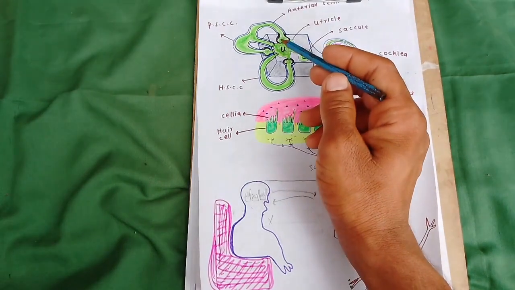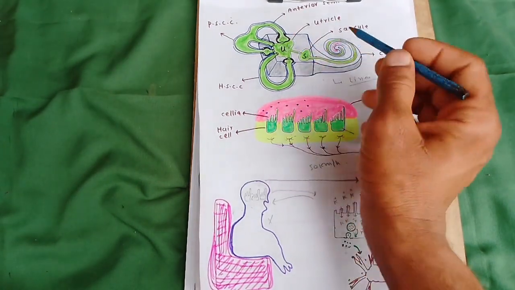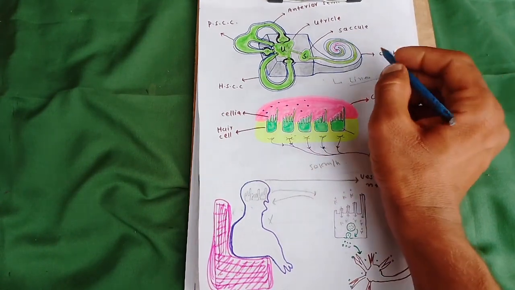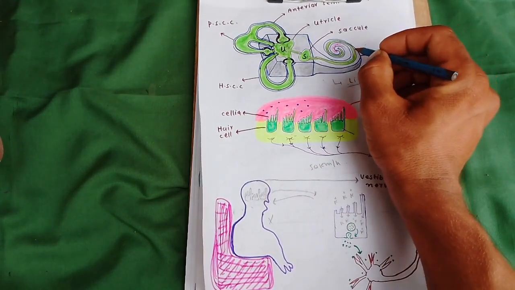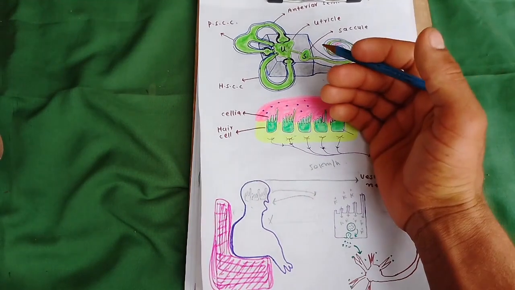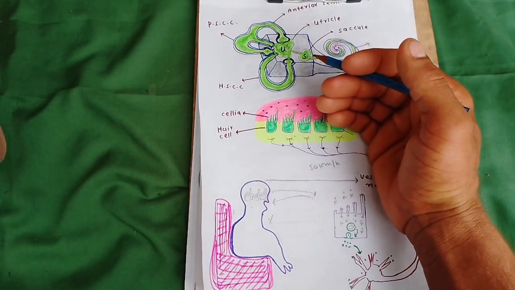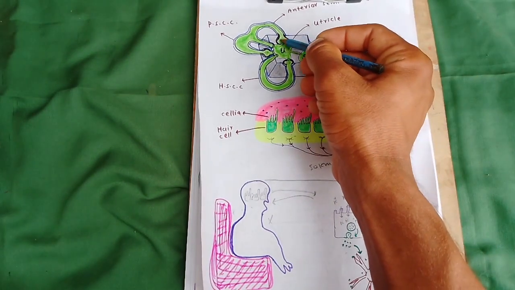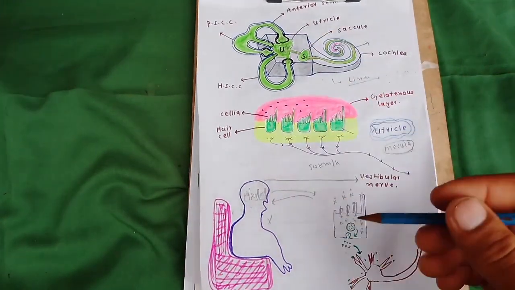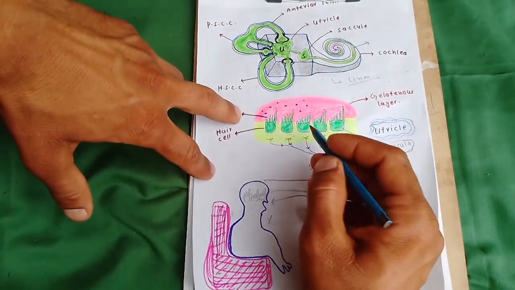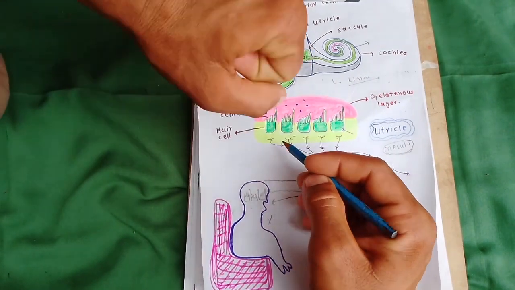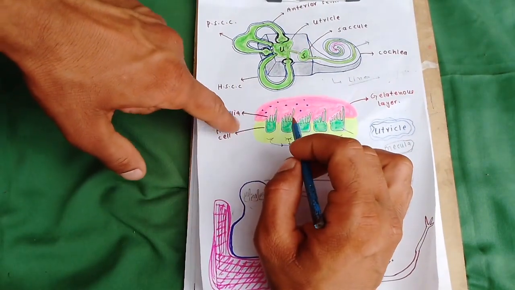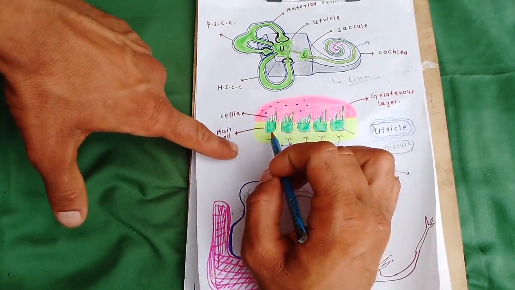The cochlea has its own receptor organ, which helps in the hearing of sound. So the macula is the receptor organ of the utricle and the saccule. The macula is a complex structure, but here I make it very simple.